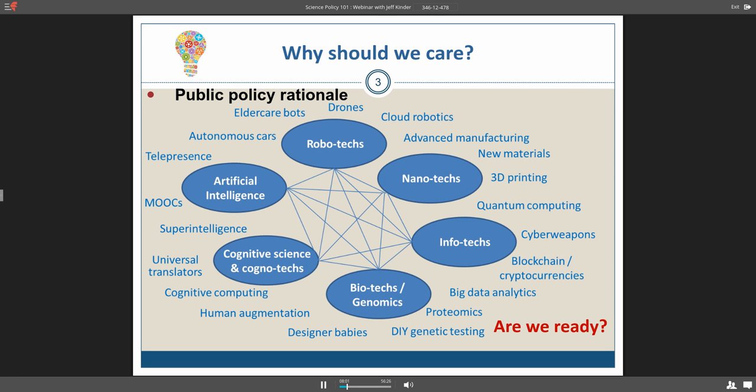And on this slide, we can see a whole range of these sort of exotic emerging technologies, whether it be artificial intelligence or robotics. And in the genomic space, there's a lot of interesting things happening with CRISPR and other technologies. So there's an important role for government to think through science and technology policy, because they need to both encourage some of these technologies, but also be prepared to regulate them in the public interest.